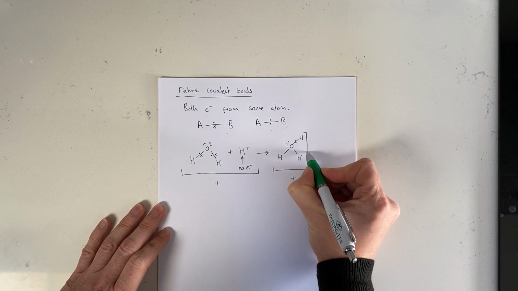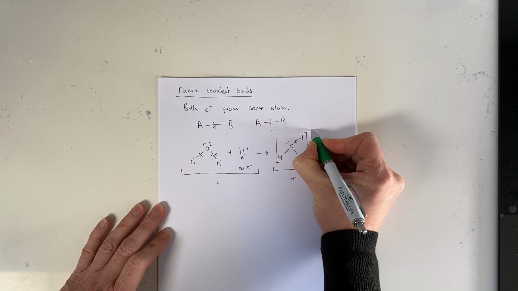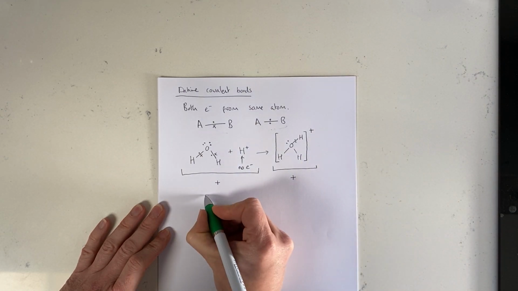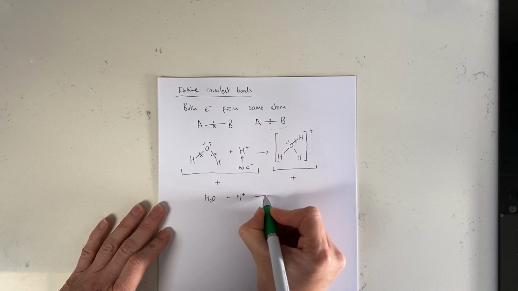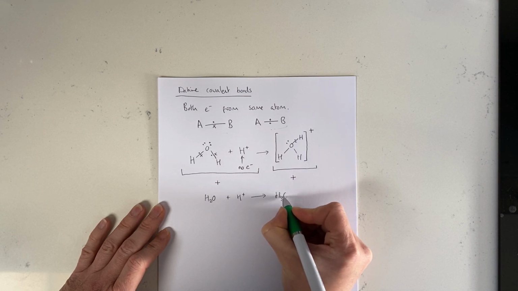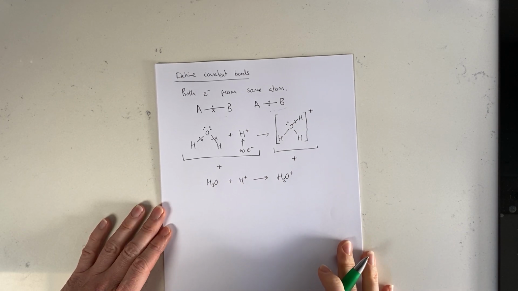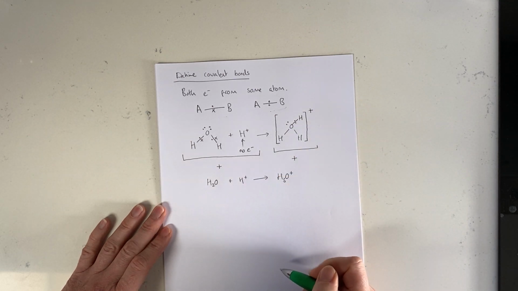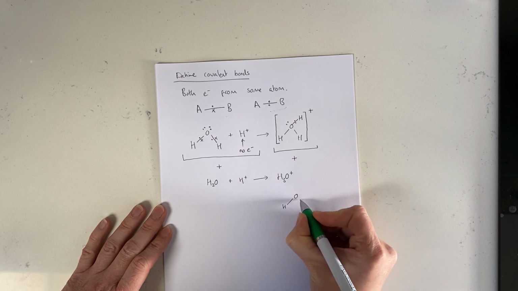So to show this is an ion, you have to put square brackets around it and put the charge of a plus. Okay, so this is, to write it another way, H2O plus H+. And now we've made H3O+. Occasionally, to indicate that we've got a dative bond, we might draw an arrow instead of a line.